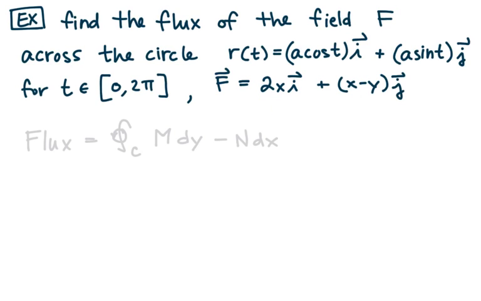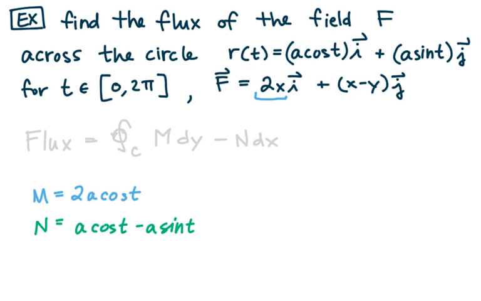I see what M and N are, but of course I want them in terms of t. So M is going to be 2 times x. X is a cosine t. N is x minus y, or a cosine t minus a sine t.